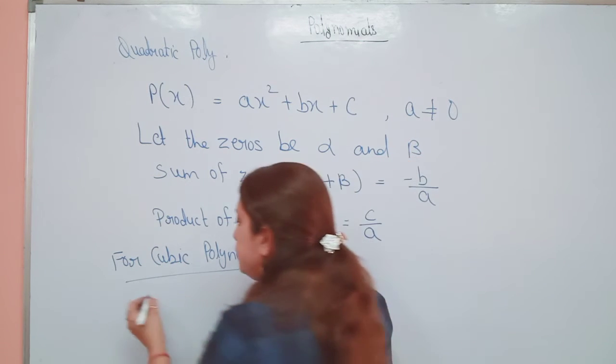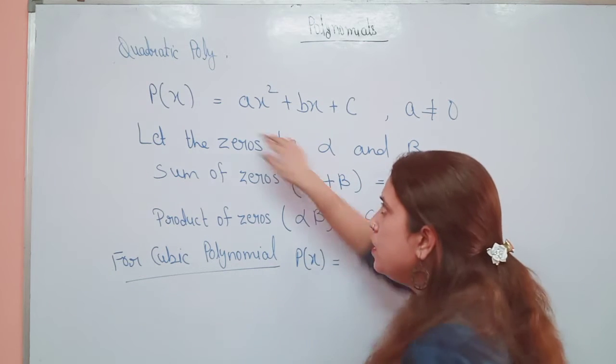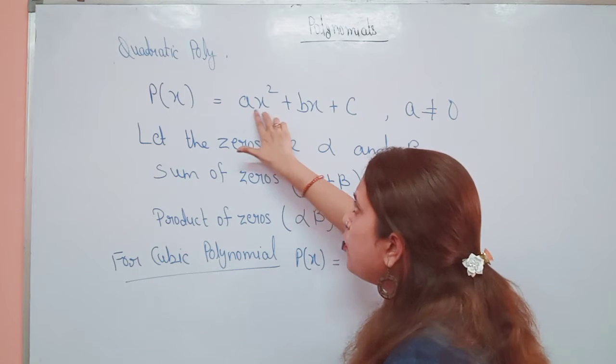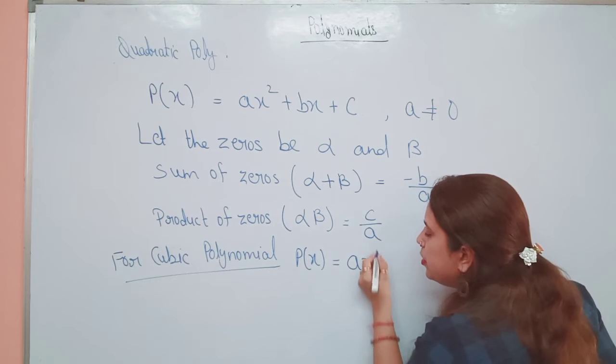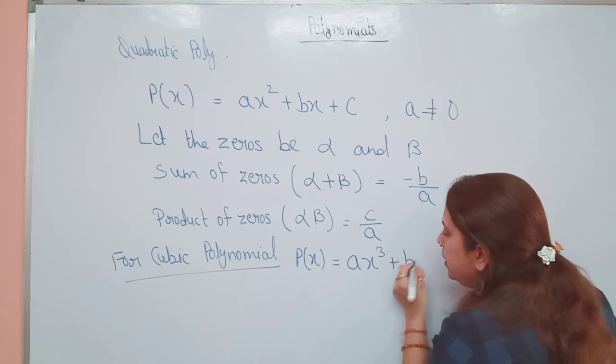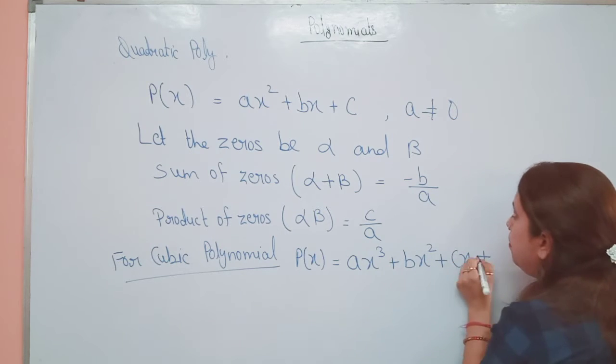So the standard form, the general form of the cubic polynomial, p(x) is equal to the same thing, but it starts from x cube: ax cube plus bx square plus cx plus d.